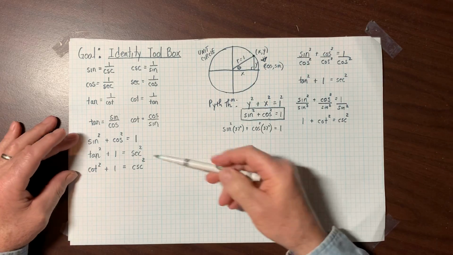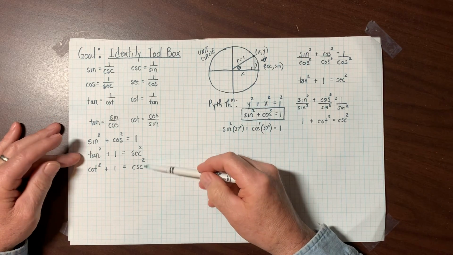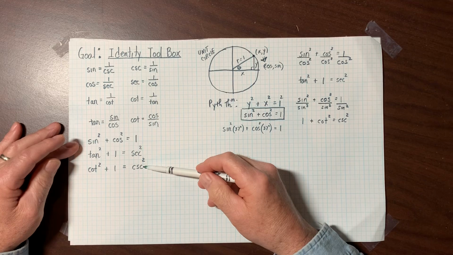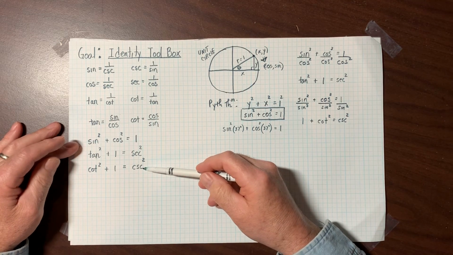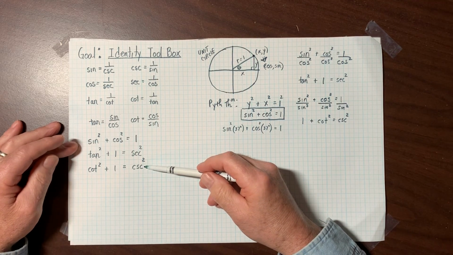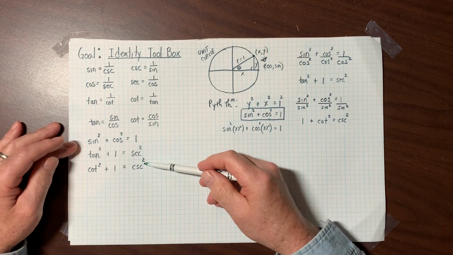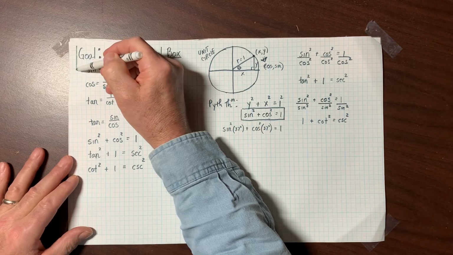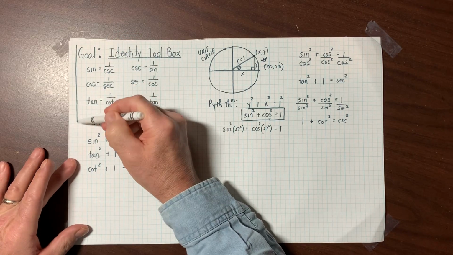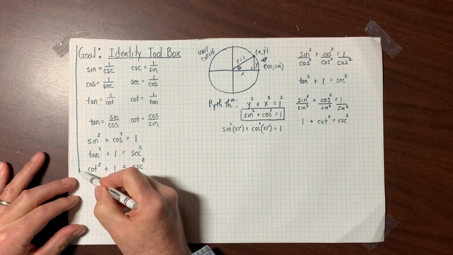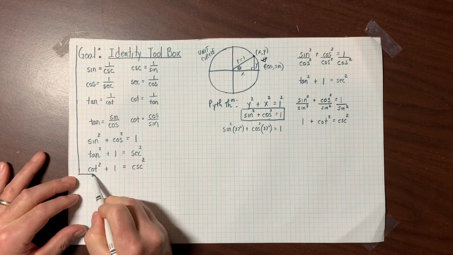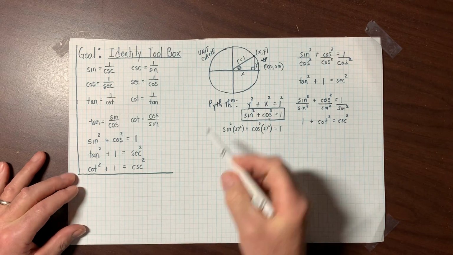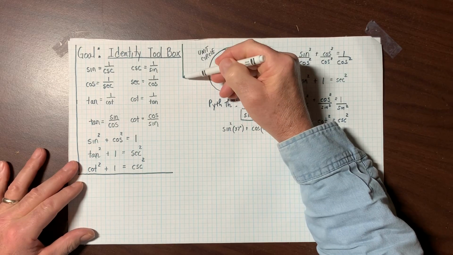Now, these final 3 tools in the identity toolbox are affectionately referred to as your Pythagorean identities because they're derived from the Pythagorean theorem. But that's it. This is your identity toolbox. It's a listing of 11 expressions that are equivalent.